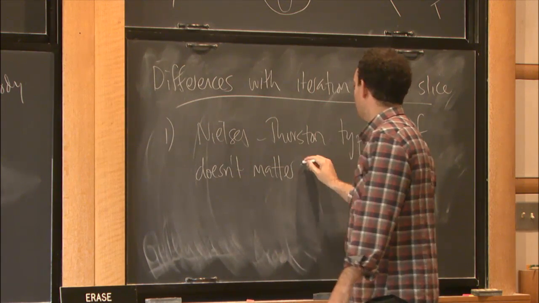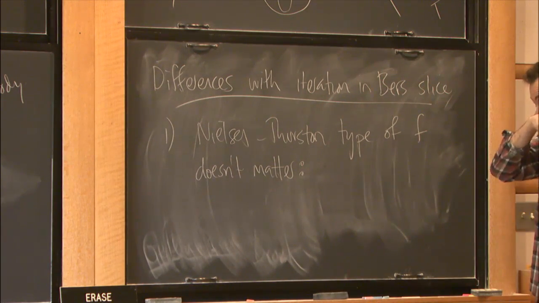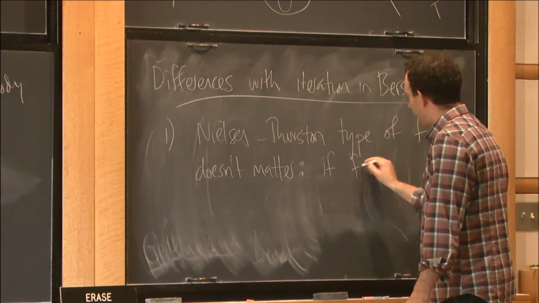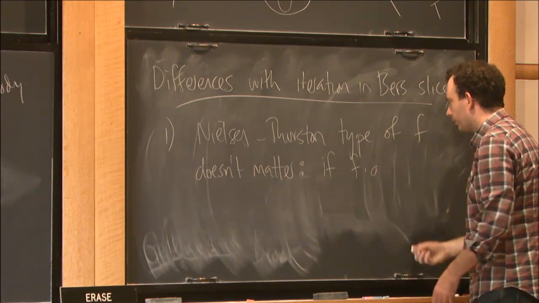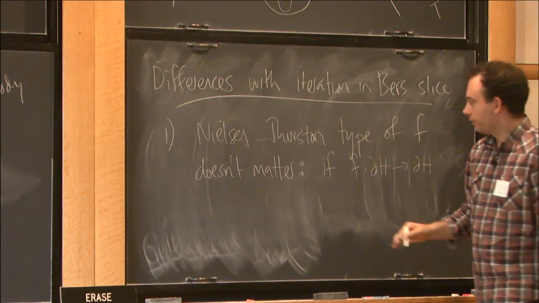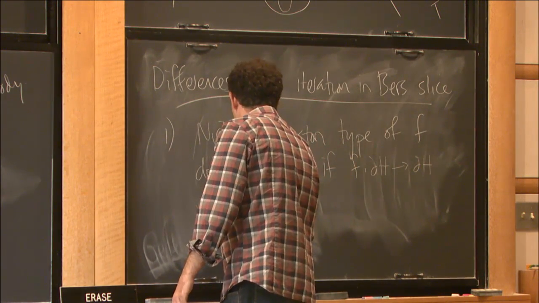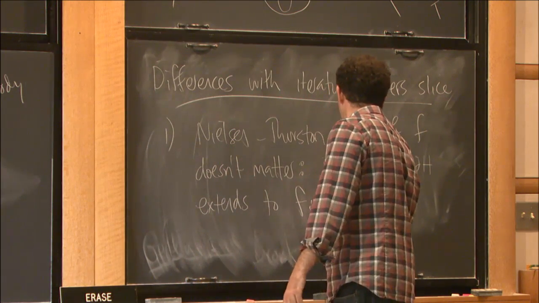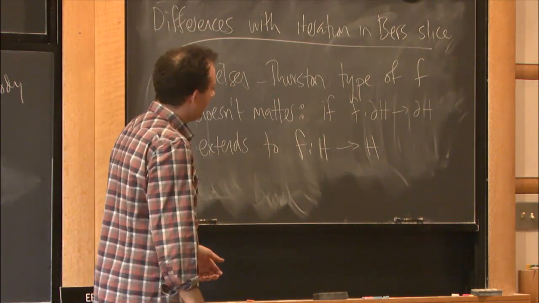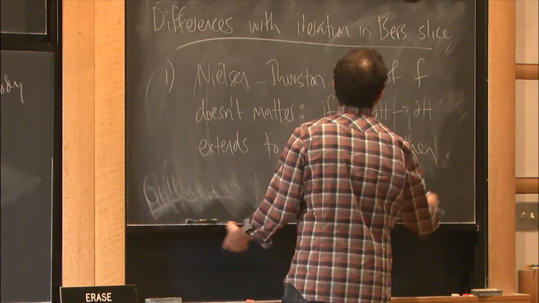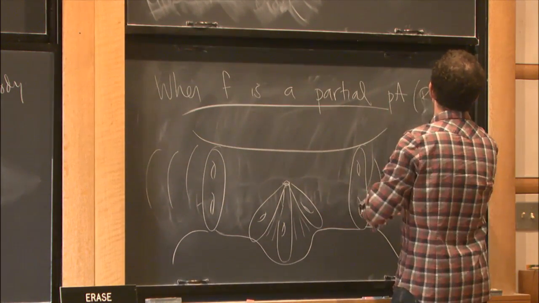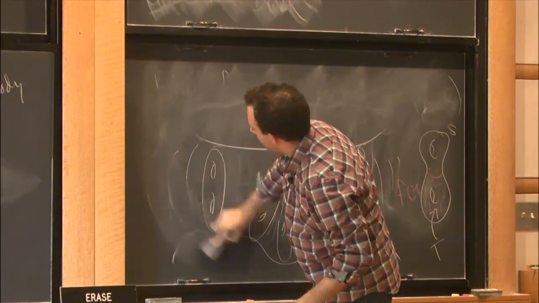And so how do you see this? Well, remember f is a map from the boundary of H to the boundary of H. So if this map of the boundary extends to a map f from H to H, then what happens to our sequence? Well, what you can see is that it's constant.